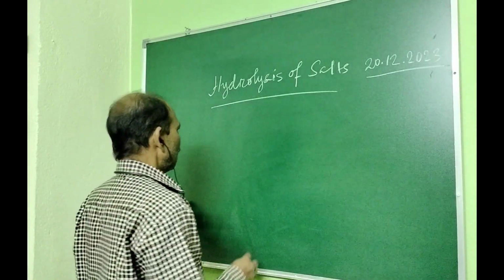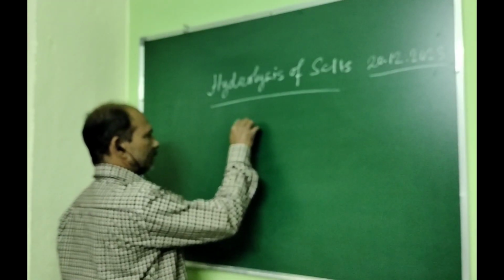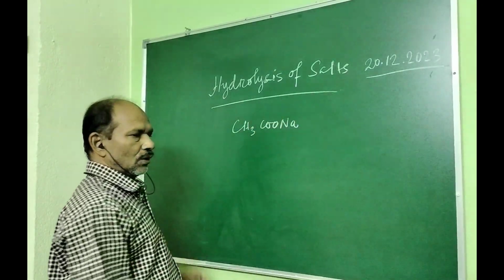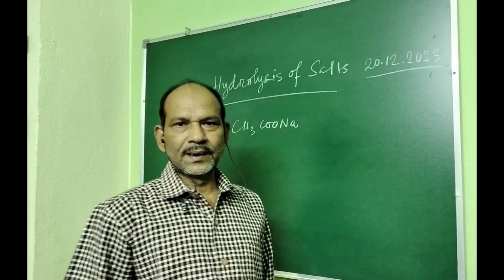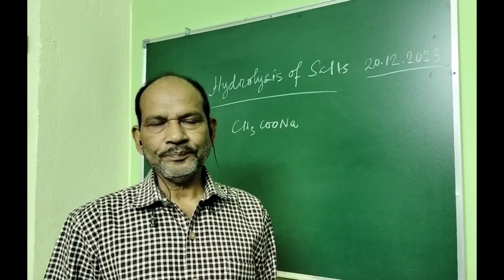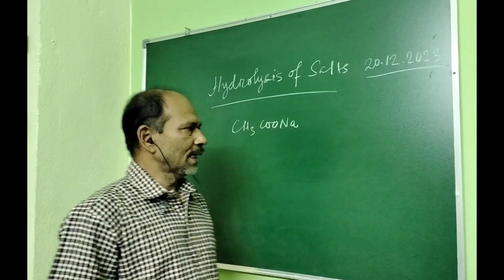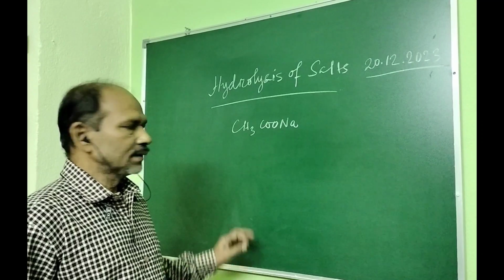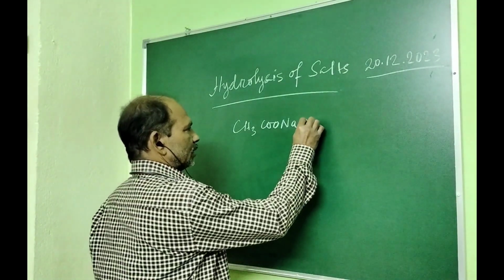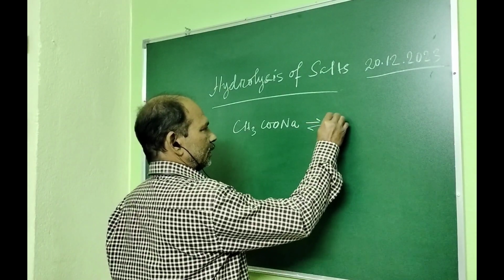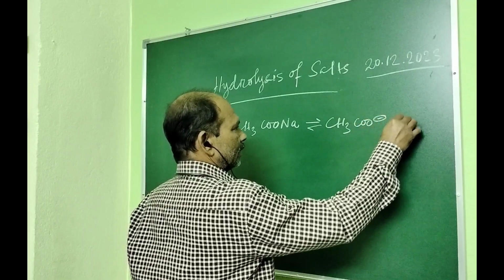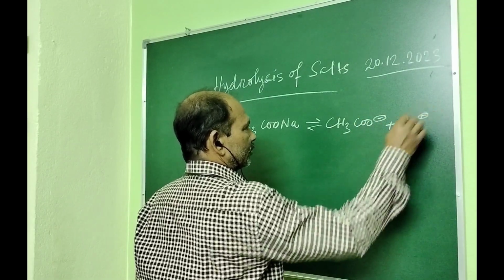Suppose a salt like sodium acetate. We know the sodium acetate salt comes from the reaction of weak acid acetic acid and strong base NaOH. So this salt, when dissolved in water, completely dissociates into CH3COO minus and Na plus ions.